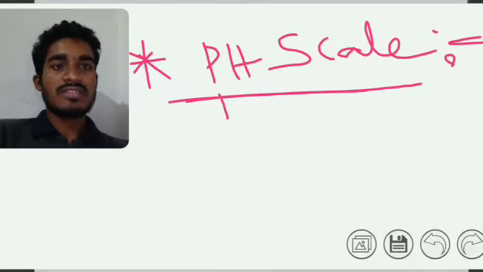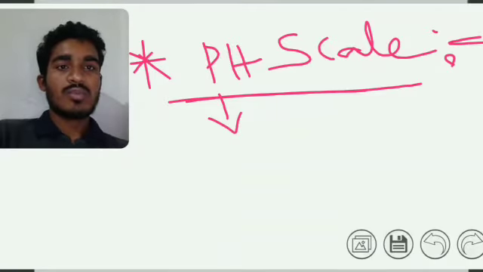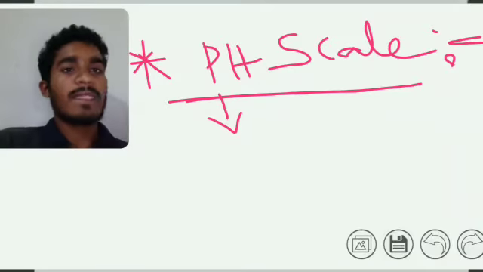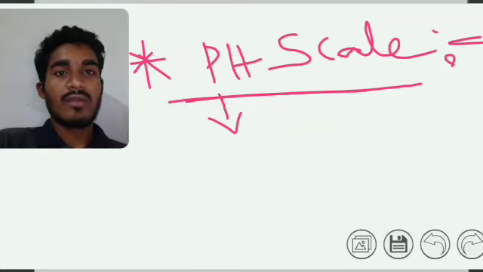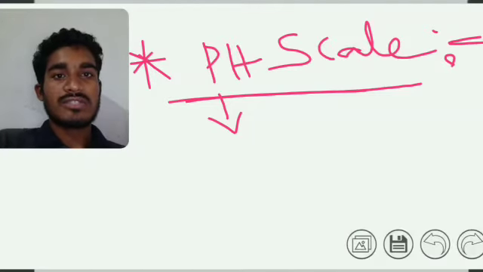So pH stands for percentage of hydrogen, or the concentration of hydrogen ions in a solution. That means measuring the concentration of hydrogen ions in a solution is what we call the pH scale.